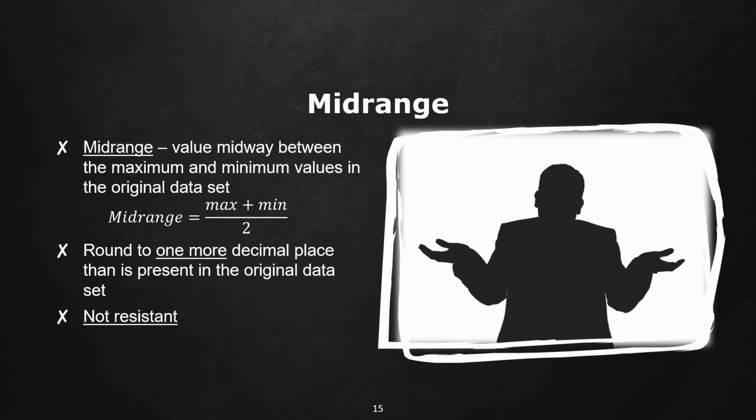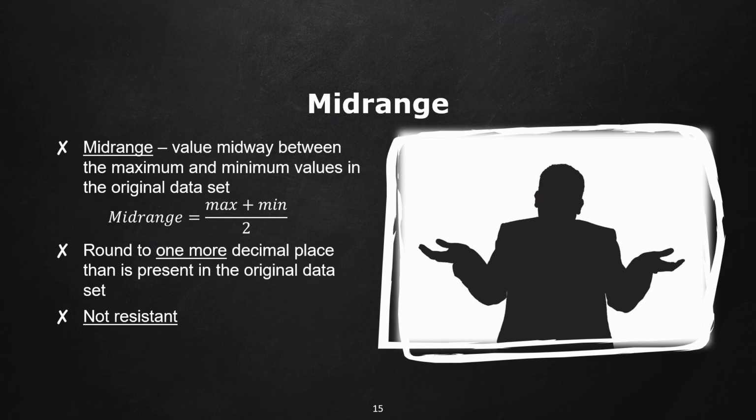And it's not resistant. This makes sense because it's using the 2 most extreme values out there. So if those values are really extreme outliers, then it's going to shift the mid-range up or down. And the reason for this picture here is that it's not useful.